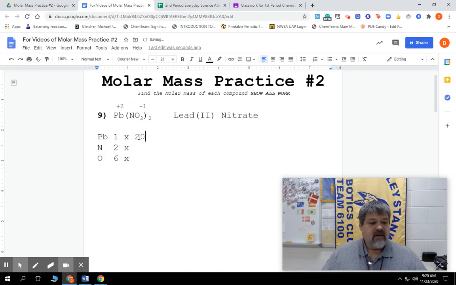So we know that this is 207, nitrogen is 14, and oxygen is 16. And now we're just going to tally those up this way. So 1 times 207 is 207. 2 times 14, you should all know that should be 28. And then 16 times 6, okay, that's going to be the tough one.